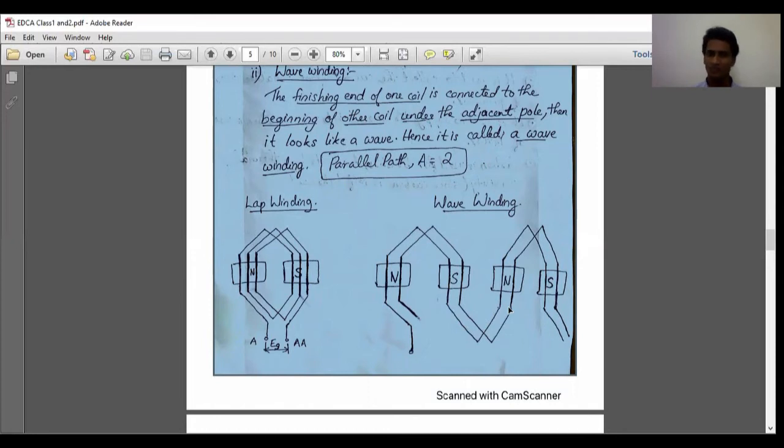Here two terminals are drawn, but here only one terminal is drawn. It doesn't mean that it has only one terminal. The other terminal will be at the other end. Those two together make a pair of terminals, clear. And in case of wave winding, the number of parallel paths is equal to 2.